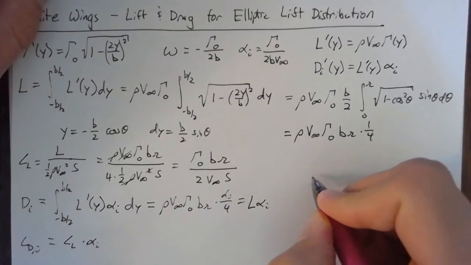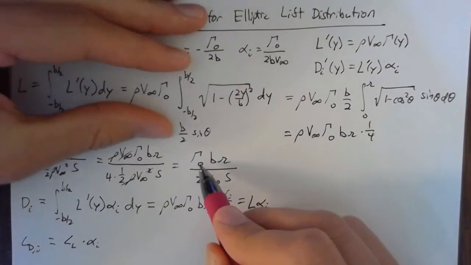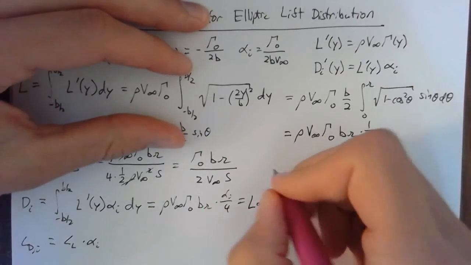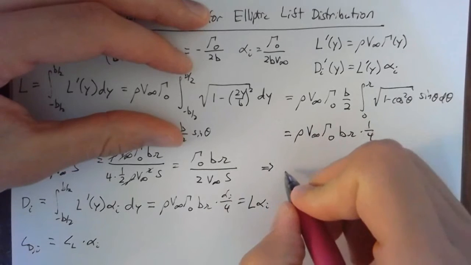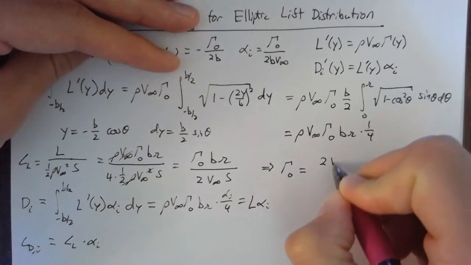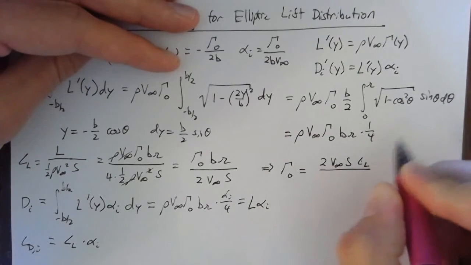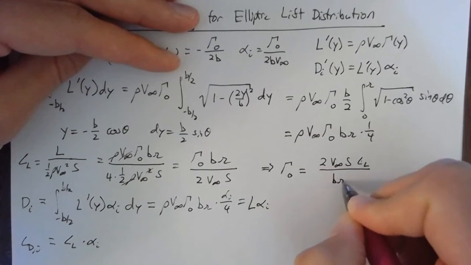Okay, so if we substitute out and isolate gamma naught here, then we can say that gamma naught is going to be equal to 2 times v infinity times s, all that times CL, all over b times pi.